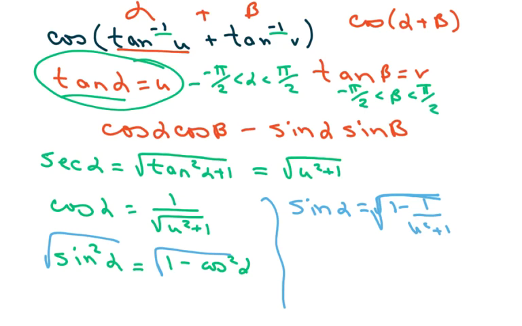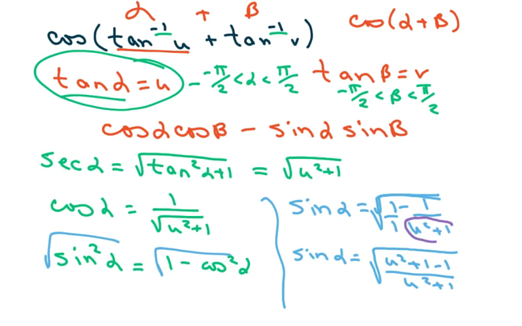Okay, now I'm going to just get the common denominator, and that's going to give you u squared plus 1 minus 1 over u squared plus 1. All I did was cross multiply here, and I multiplied these two together to get this part, and those two together to get this part.